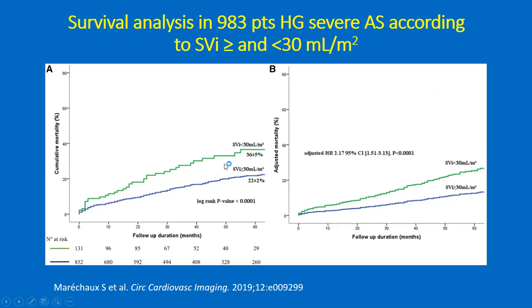So we see here a higher cumulative mortality in those patients with less than 30 compared with those with 30 milliliter per meter square, and the hazard ratio shows us that these patients have double the mortality of those who have a stroke volume index in excess of 30 milliliter per meter square.